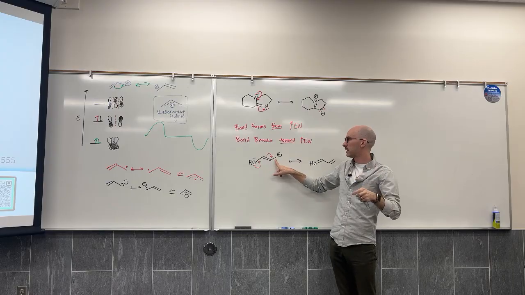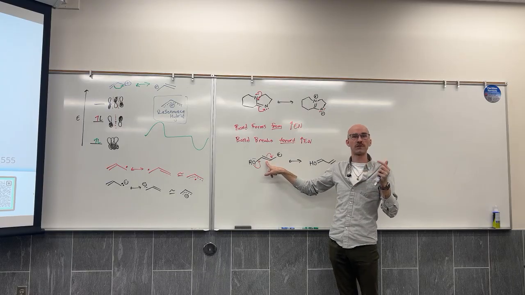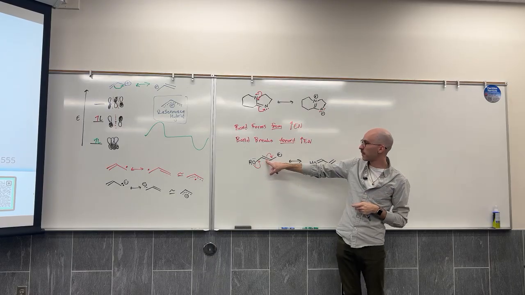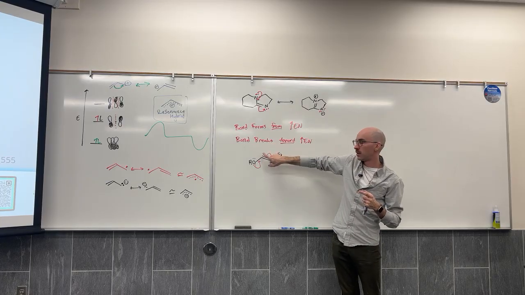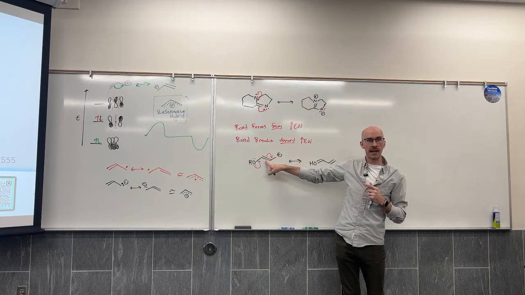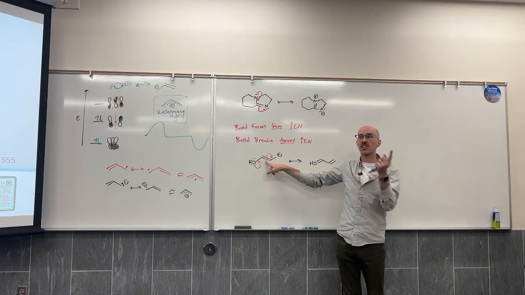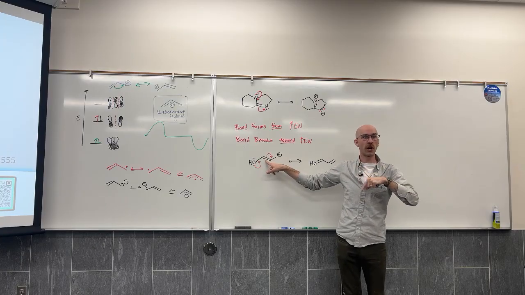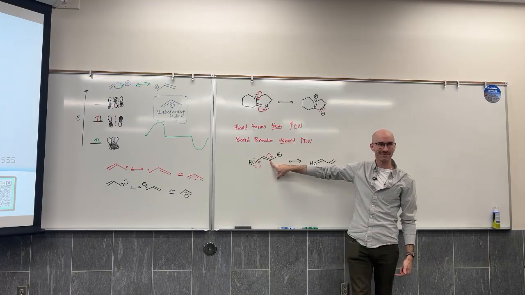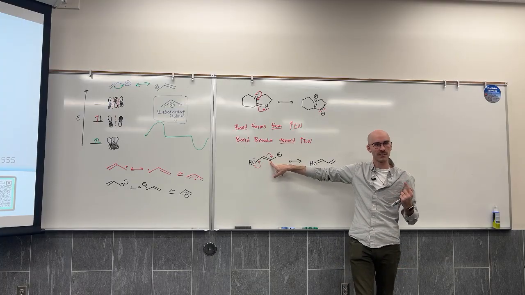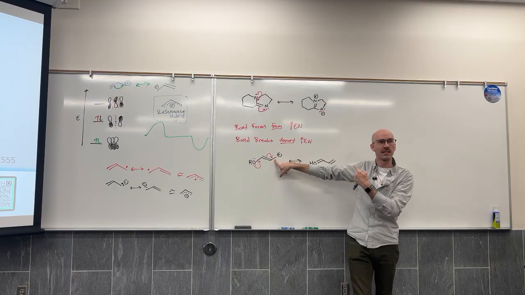So Gavin asked, electrons can only move as far as they're touching. Well, these pi electrons are touching these two carbons. And so these pi electrons are able to move somewhere in the vicinity of these two carbons. So we're saying that this carbon on the bottom is taking the pi electrons and just shifting them over to the other side.